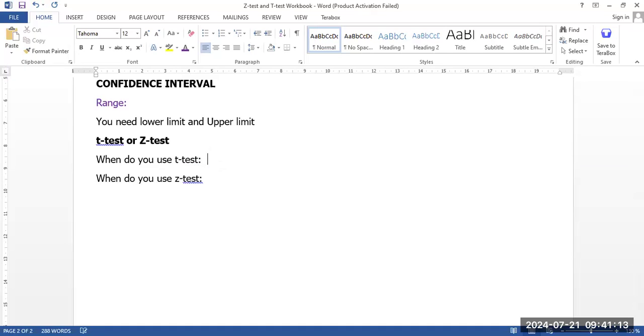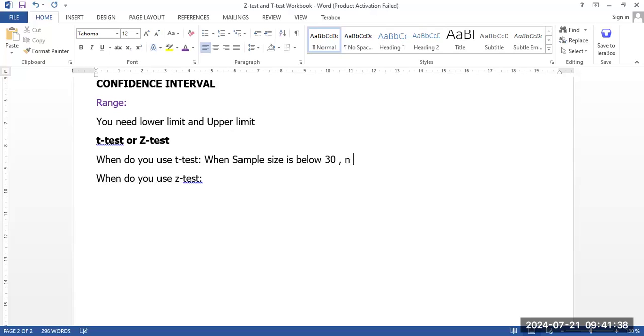We use t-test when the sample size is below 30.